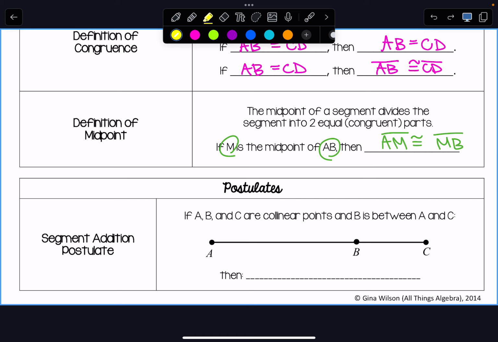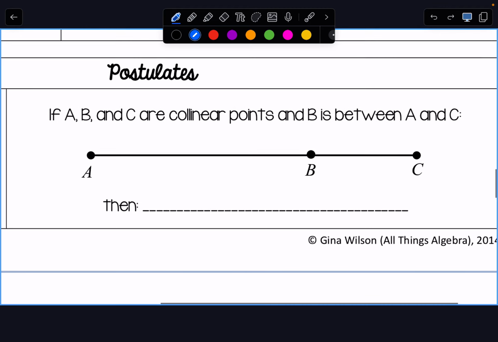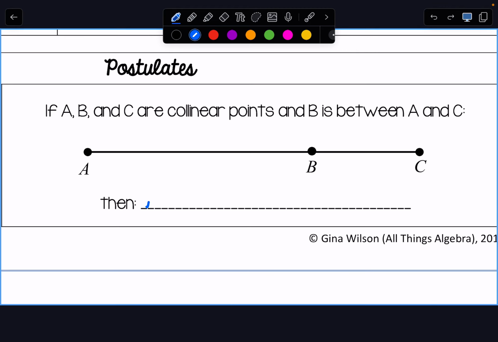All right. We also have something called the segment addition postulate. Can I give a guess on what it means? Sure. So, with that, I think it is AB plus BC equals AC. Okay.